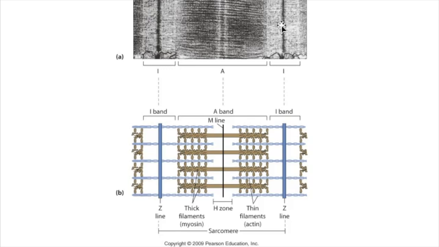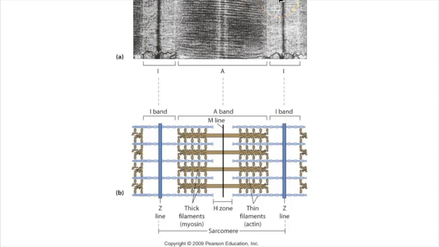We describe bands and lines within the sarcomere. Everywhere you see this darker coloration from here all the way over to here is referred to as the A band. On each side of the A band, where it's more lightly colored, these are called the I bands.